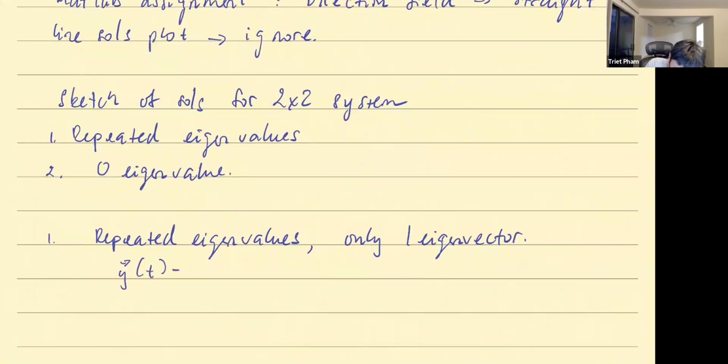The solution will be something like this: C1 V1 e to the lambda t, plus C2 V2 t e to the lambda t, where lambda is our eigenvalue, and lambda can be positive or negative.